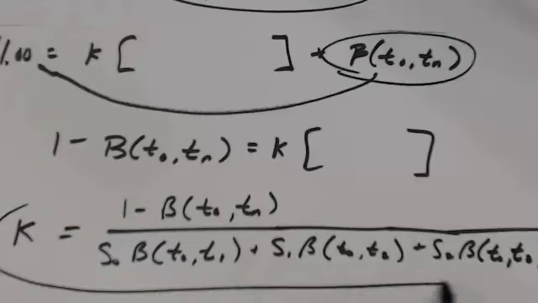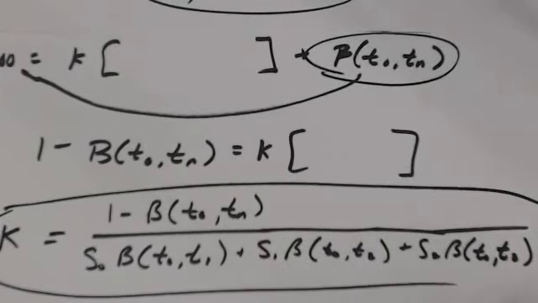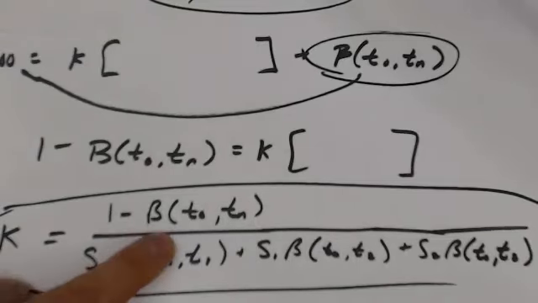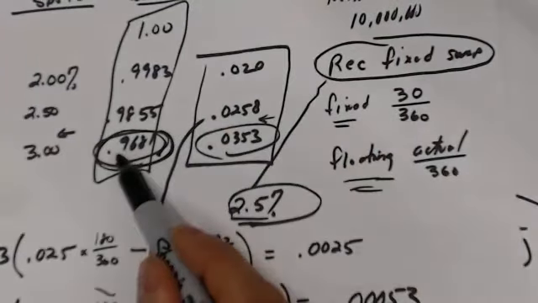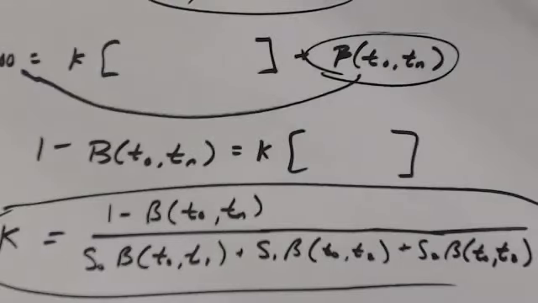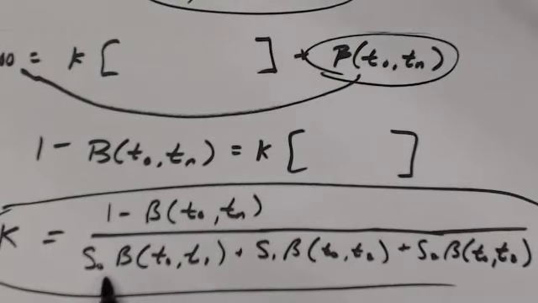Okay, so this is the formula that's in the textbook, and so really it's 1 minus the very last swap discount rate, or this discount bond price right here, 0.9681, and then divide it by the sum of all the other discount bond prices adjusted for the time period that's involved. And usually this is about 1/2 in these cases. You know, it's 182 over 360, 183 over 360 approximately, so it's about 1/2. So it's the sum of the discount prices adjusted for time.